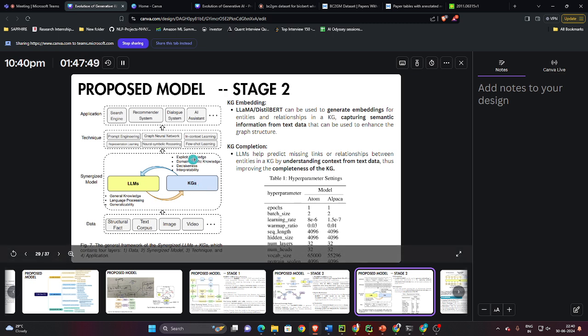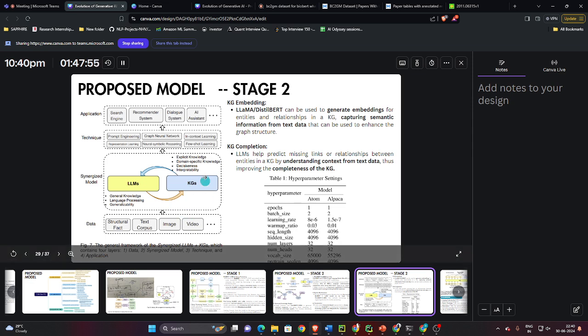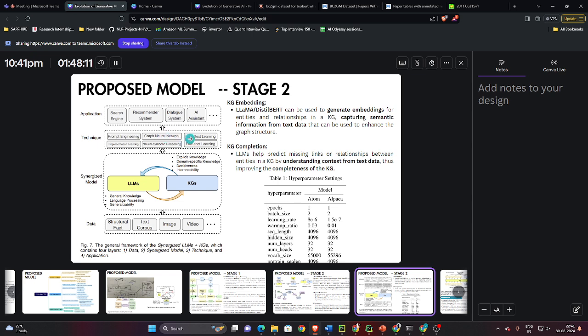And knowledge graphs bring explicit knowledge, domain specific, and the specific interpretations that we want. Building all of these are structural facts, be it in the form of databases or Excel sheets, or text corpus from PubMed, PMC, and all of the online available text, images and videos. It goes into here and goes through all of this.